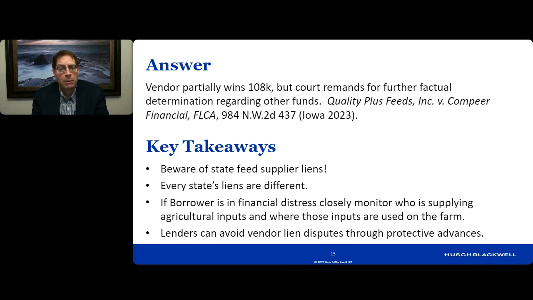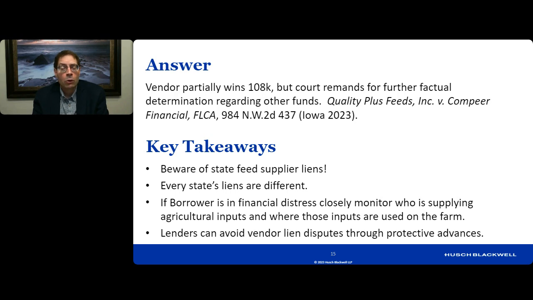Now, my big key points here are these, and this is particularly poignant in the ag space, but certainly even outside of the ag space, there are other liens that can attach. The point here is that every state has ag liens, adjuster liens, things of that nature that will protect vendors and suppliers.